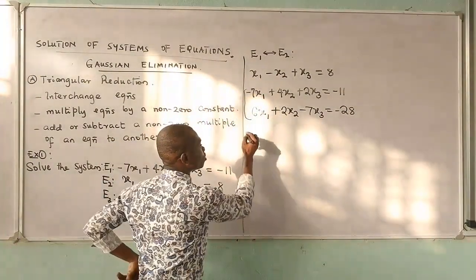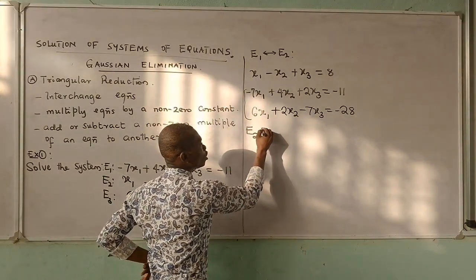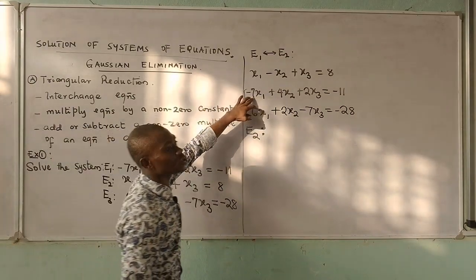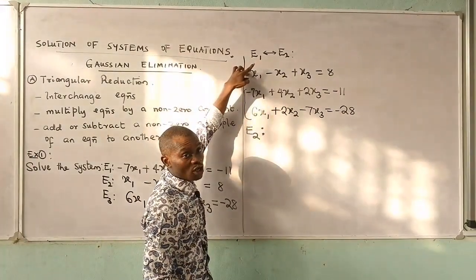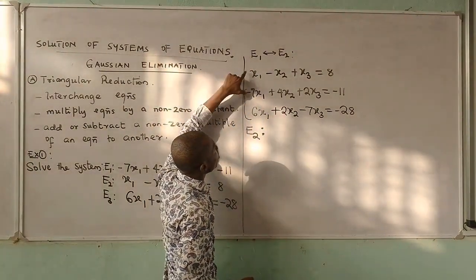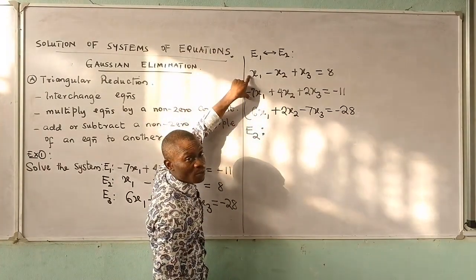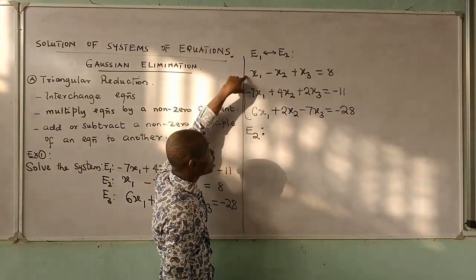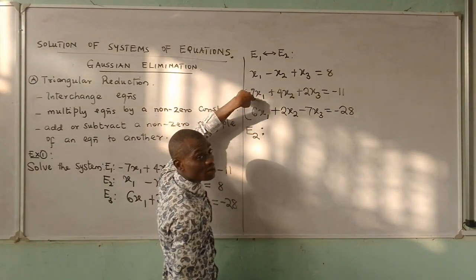So see what I'm going to have. I will say, let my new E2 become... I will look for a way to do this elimination, and of course in doing this elimination, you will use E1 to do it. So how am I going to multiply E1 and add or subtract it from E2 to give me 0, so that I will eliminate this?